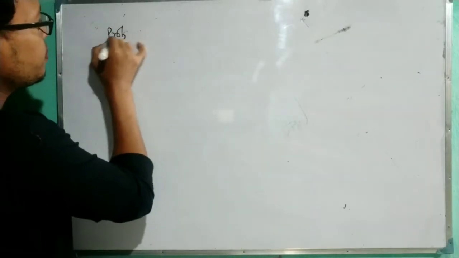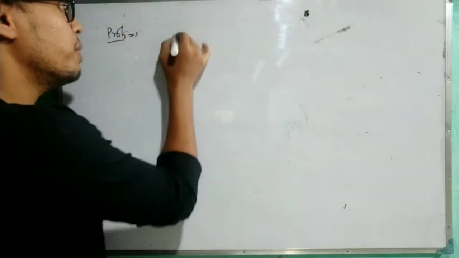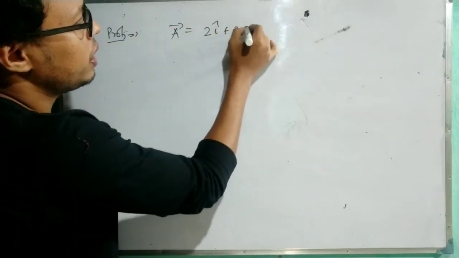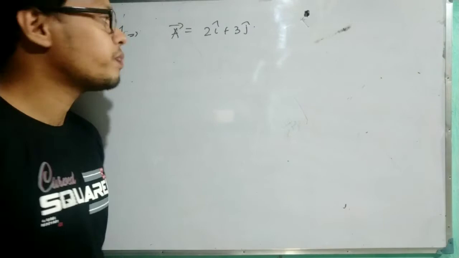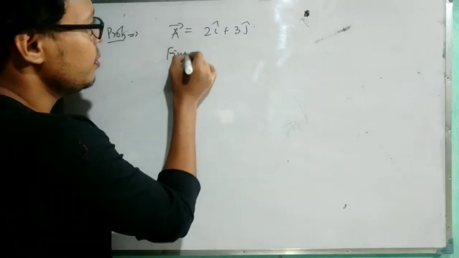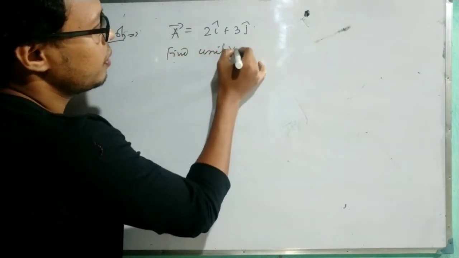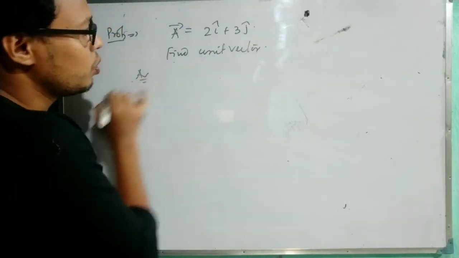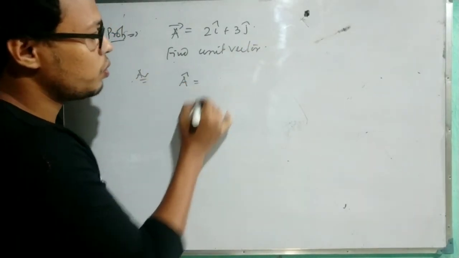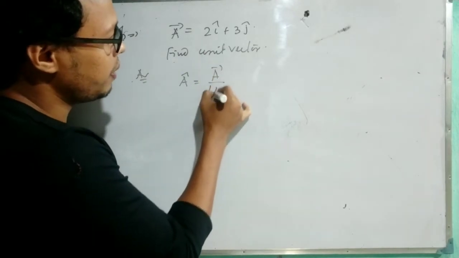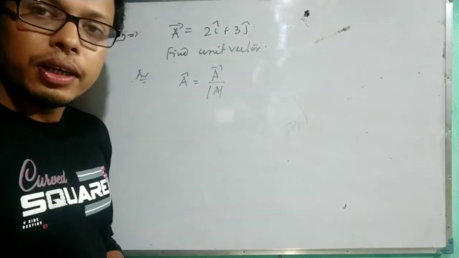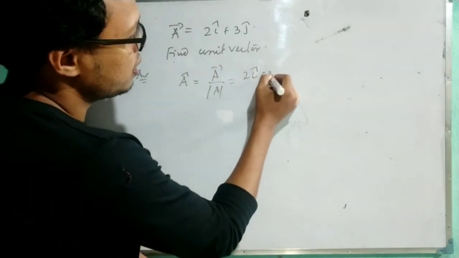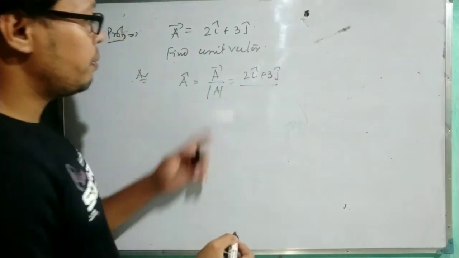Now do one problem. Problem number 1. Suppose a vector is given as a equals 2i cap plus 3j cap. Find the unit vector. What is the answer? We have read that the unit vector of a equals the a vector divided by mod a. The a vector here is given as 2i plus 3j. And what about mod a?